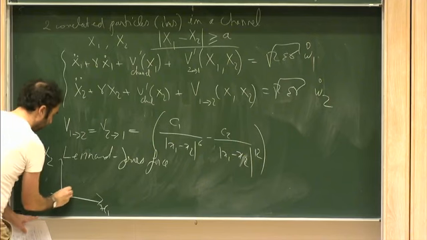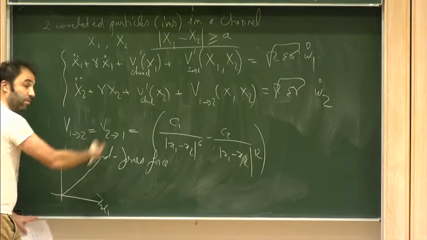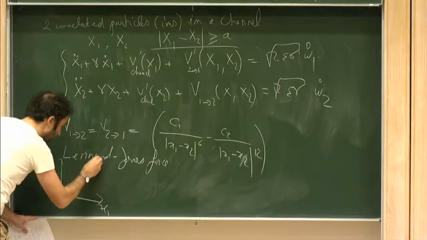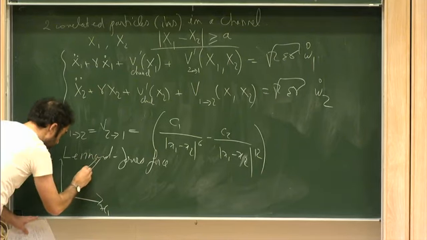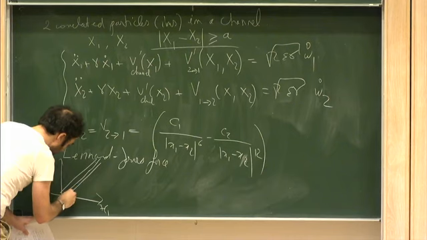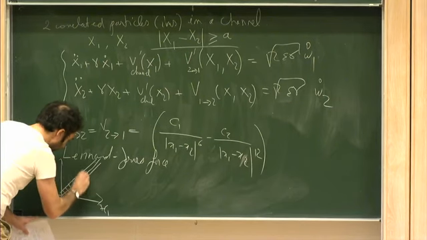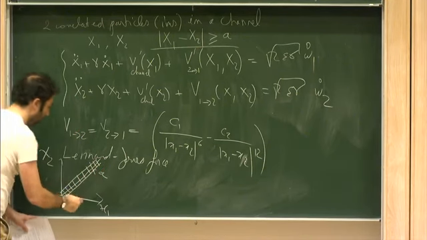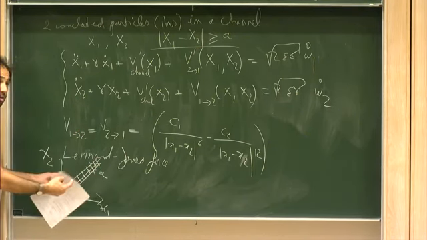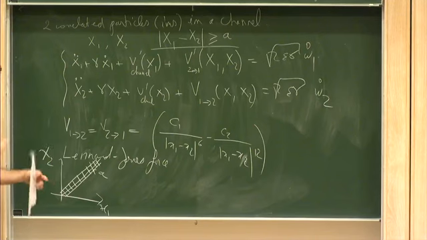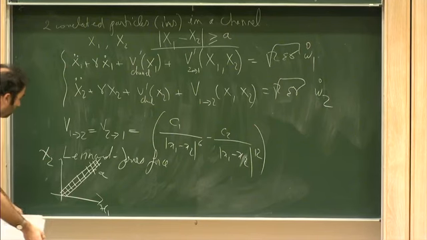And x1 equals x2 is the diagonal. Now, if they want to be outside this region, we have to have a band of size a, such that the particles cannot penetrate this band in this abstract space, otherwise they are too close.